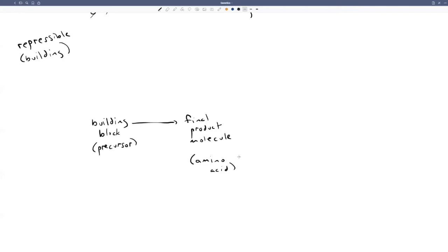So once amino acids are made, they go off and become proteins. And if this process slows down, let's say the cell isn't doing a lot of growing, maybe it's going into a dormancy, then it's not useful to keep making amino acids if they're not being used.